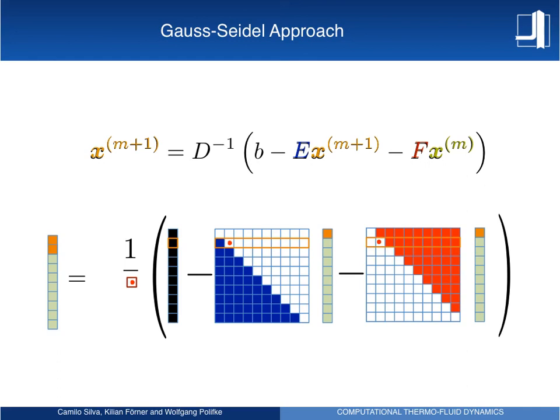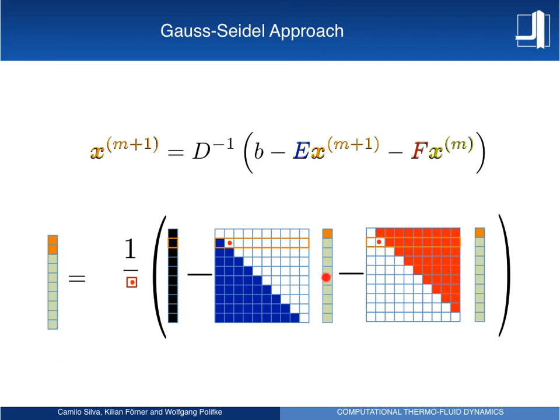If we continue, we consider the second diagonal element, 1 over this element. We go to the second row now, and now we do need x_m plus 1. Fortunately, from the previous iteration we already have the first element of this vector x_m plus 1, and this is multiplied by the only non-zero element here, which is this blue element.